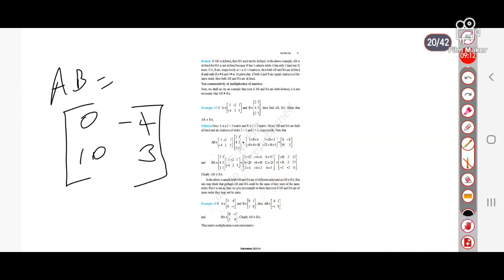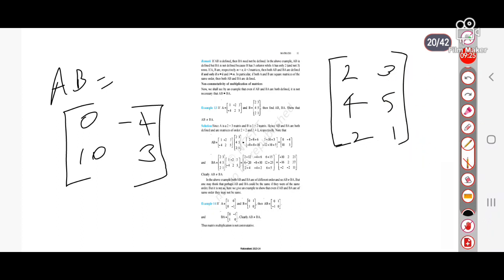Similarly for BA the same thing has to be done, but the order of the matrices is changed: the first matrix we consider is B and the next matrix is A. The process is the same, but the chance of the result changing is more. Why?